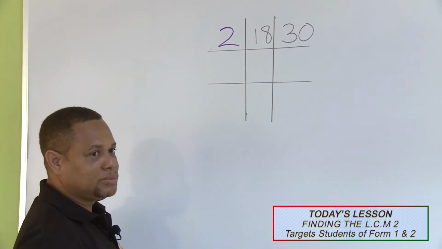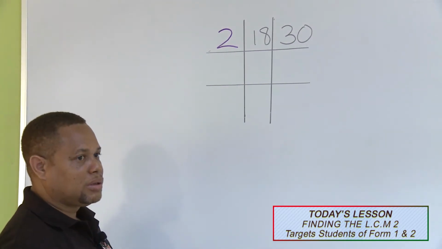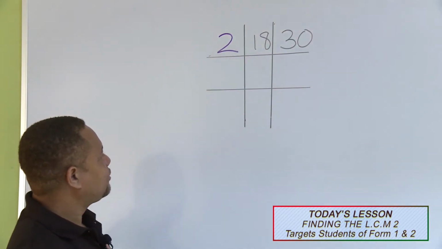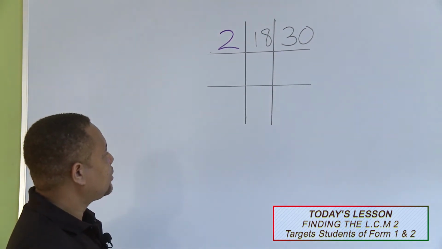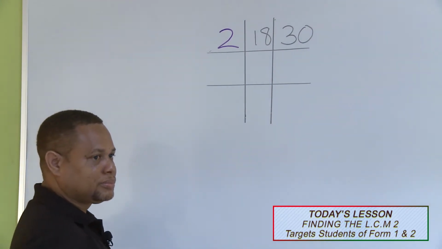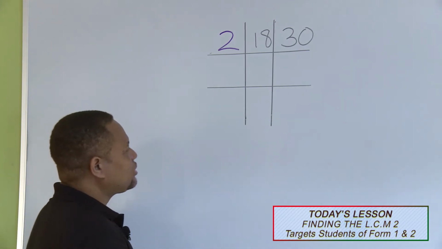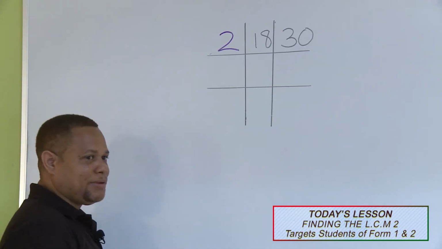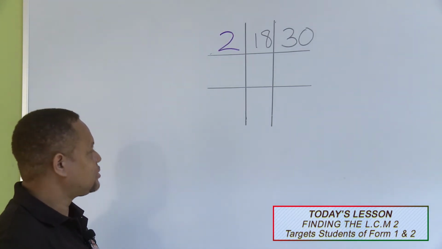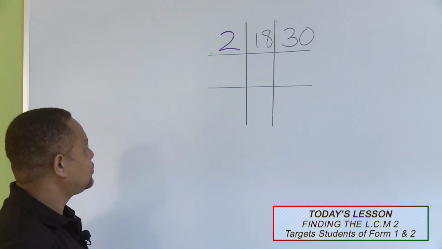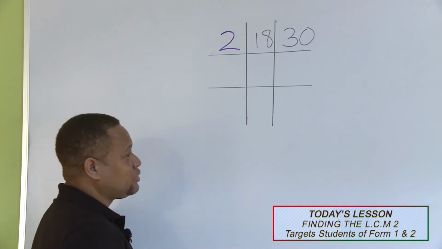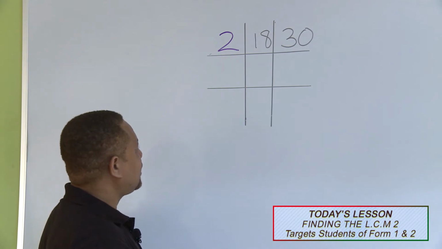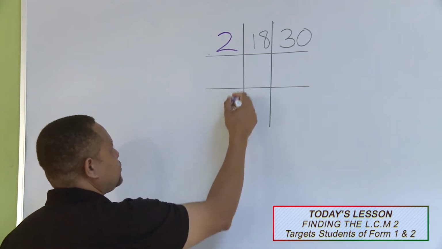So I put my 2 to the far left column to the top. It's always advisable to use prime factors, but it's not necessary to do so. I prefer to use the lowest prime factor to start with, and in that case, it's 2.